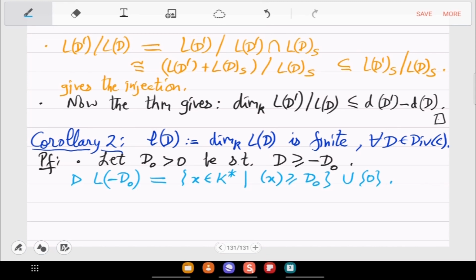So, is there a rational function whose principal divisor has only positive, whatever there is, it's all positive. Can that happen? In particular, there is no pole. That can't happen, right? There is no such rational function which has no pole.